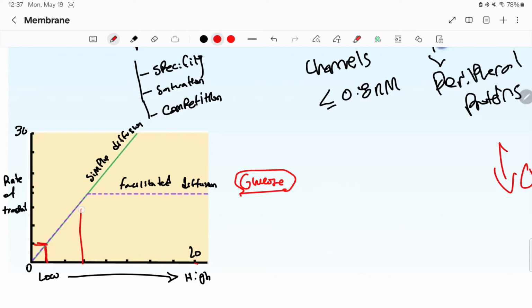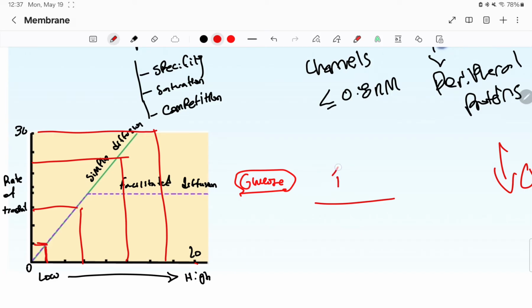Notice, over here to here, over here to here, over here to here. It's directly proportional with the green line. This means that as long as the concentration of the substance goes up on the outside of the membrane, the speed at which this molecule is coming in will also increase.